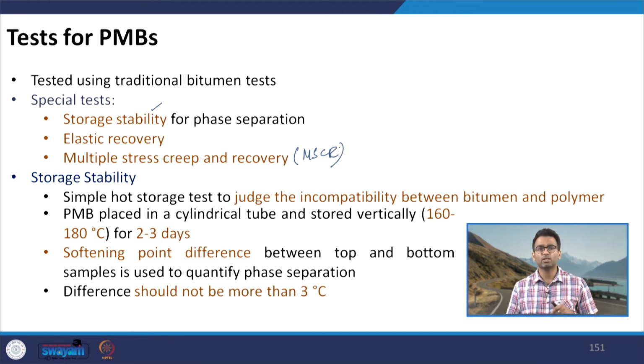So, here what is done is that we take an aluminum tube. This aluminum tube is about 1 inch by 5 inch in size. So, we take a cylindrical aluminum tube, something like this, alright, and then we place a bitumen sample.